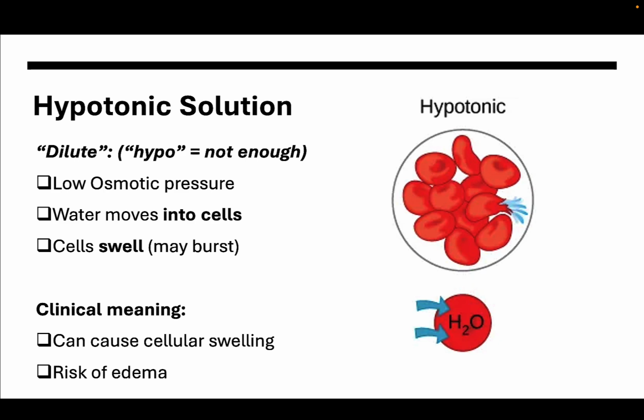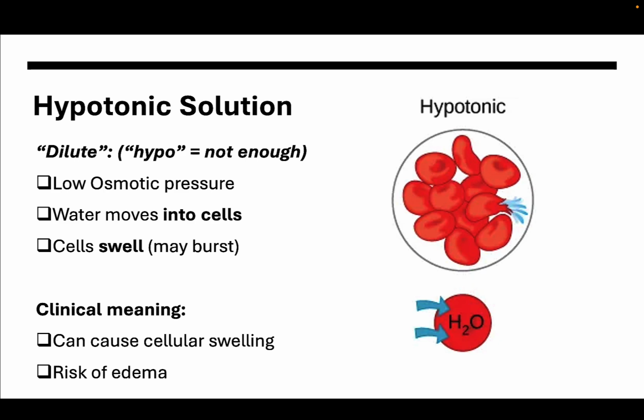So if the inside of the cell is saltier than the surroundings, water is going to be drawn into the cell, and that could cause cells to burst. Cells swell and they may burst because of the water going from the not salty enough solution into the cell, and that is just a reality of what would happen with hypotonic solution.